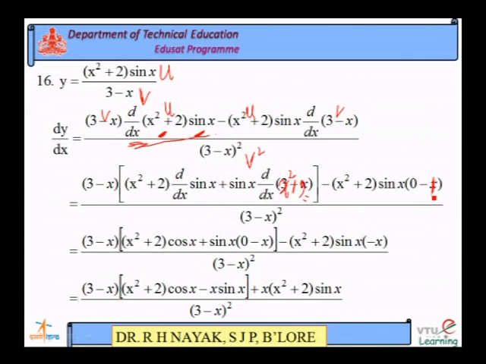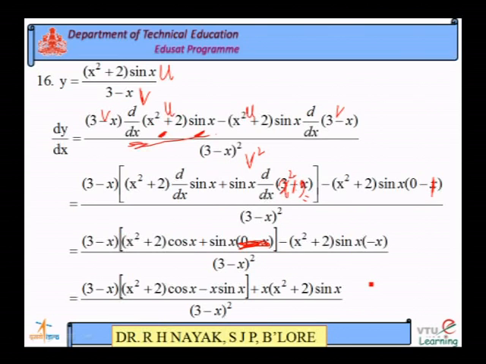3 minus x, keep x square plus 2 as it is, differentiation of sin x is cos x, plus sin x into differentiation of x square. Differentiation of x square is what? 2x. Here x square plus 2, this is to be differentiated, x square differentiation is 2x plus differentiation of 2 is constant, that is 2x plus constant.